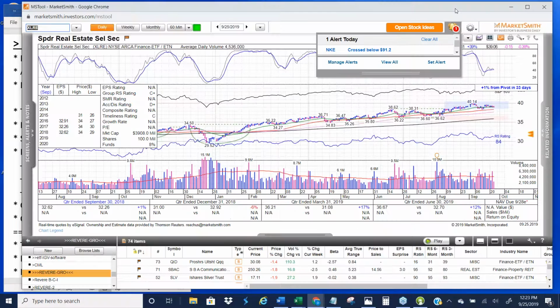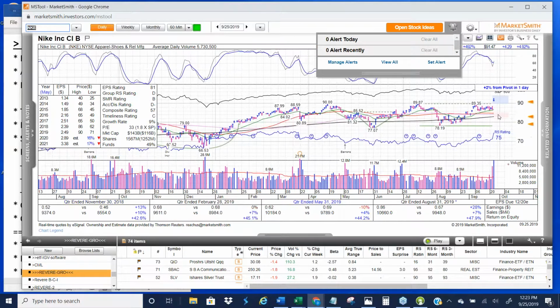One of the hardest things is when, and let's take a look at this quick. I've always got alerts set. So Nike, after it had its gap up and after it persists for a little while through the day, I set an alert at the high and at the low end of the day. Nike just broke the 91.20, the low from the first couple of hours of trading. So always want to see, and this is very common, what happens when things gap up.